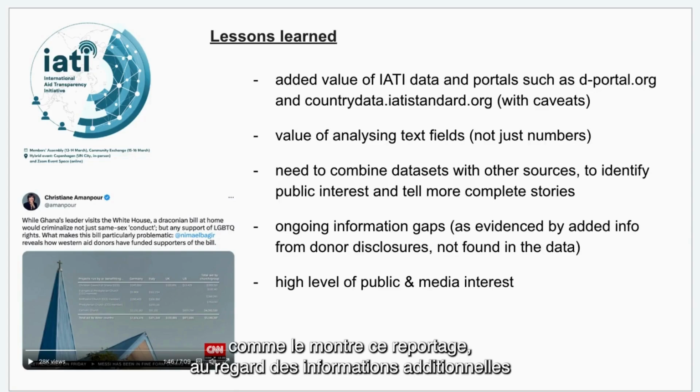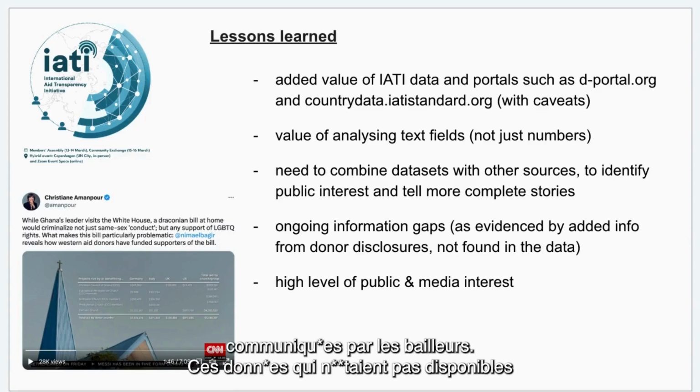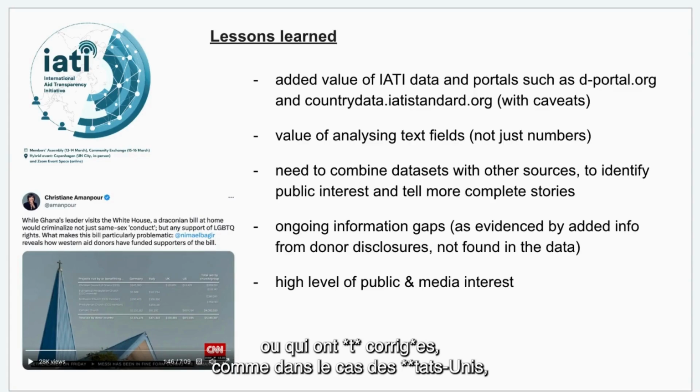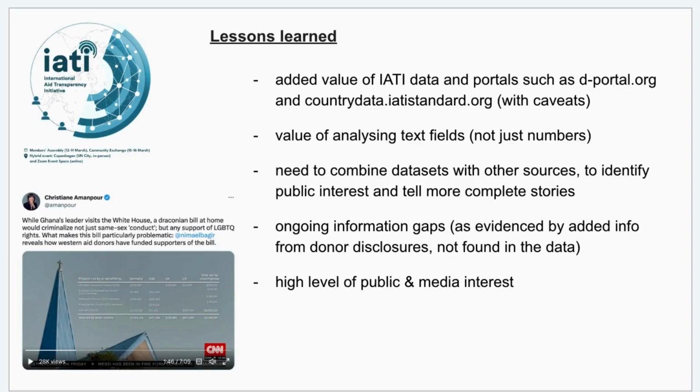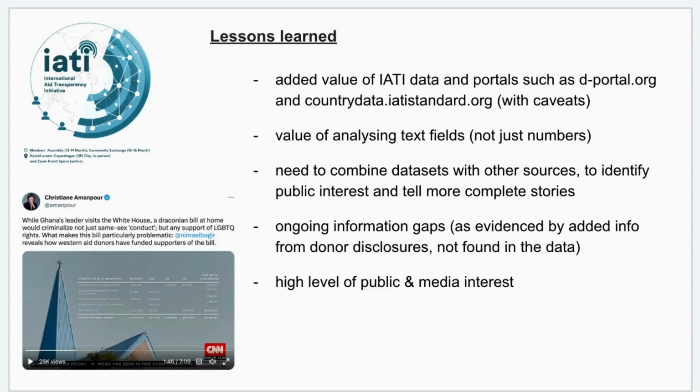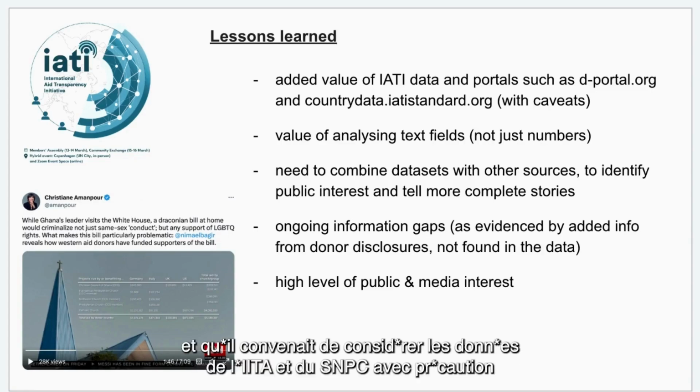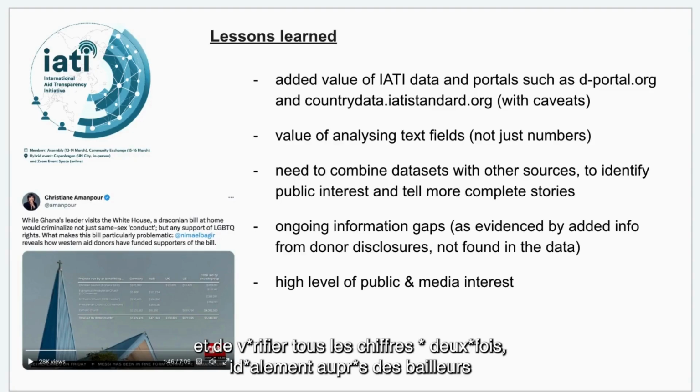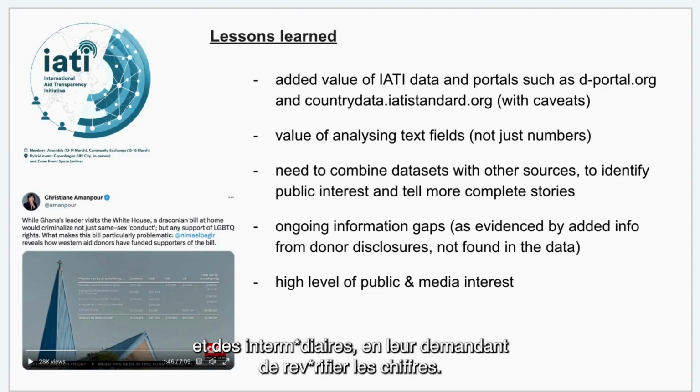And then the need to be aware of ongoing information gaps, as we saw in this story, in particular with the added information from donor disclosures, things we had not found in the data, or things in the case of the US that they corrected from the data. This really showed us both that there are still ongoing information gaps, but also reasons to treat IATI data as well as CRS data with a bit of caution, and to double check numbers, ideally directly with donors and intermediaries and get them to double check them.